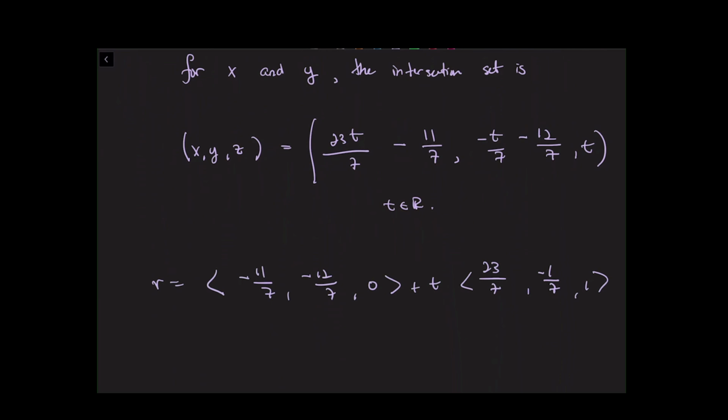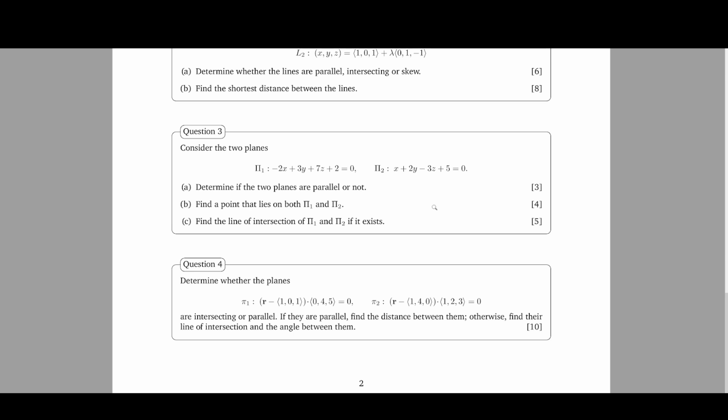So finally, we are at question number 4, the last question. It gives me two planes and asks, are the planes intersecting or parallel? If they are parallel, which they are not, we can look at the direction vectors and immediately see it's not parallel, then find the distance between them.